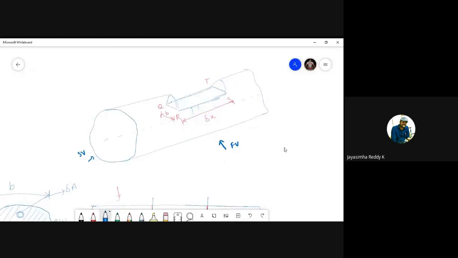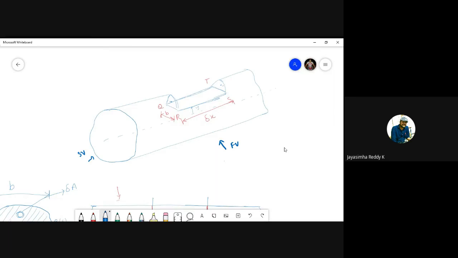So here there is a difference of force and here there is a difference of force on the same element, but this entire structure remains in equilibrium, stationary. If there is a difference of force, it has to slide, right?